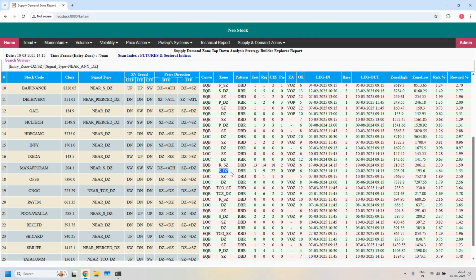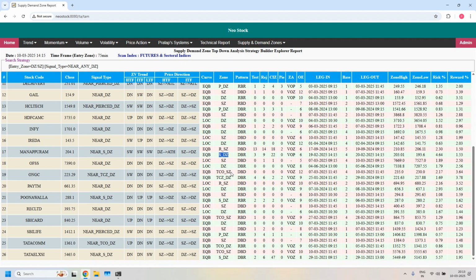Manappuram is having a 75 minutes high liquidity demand zone. Poonawalla is having a 75 minutes high liquidity demand zone. And Tata Elxsi is having a 75 minutes high liquidity demand zone. So total 6 high liquidity 75 minutes demand zones we identified from this list.